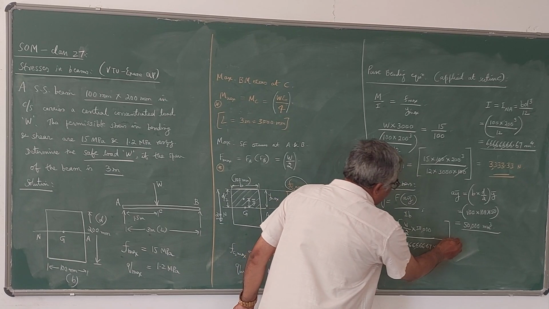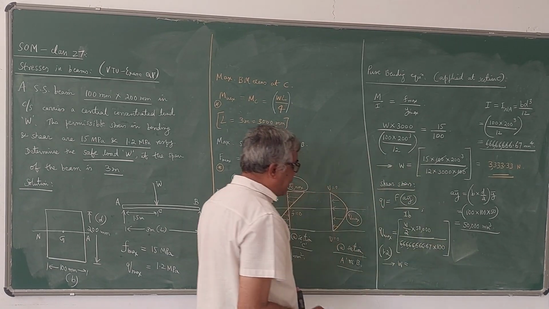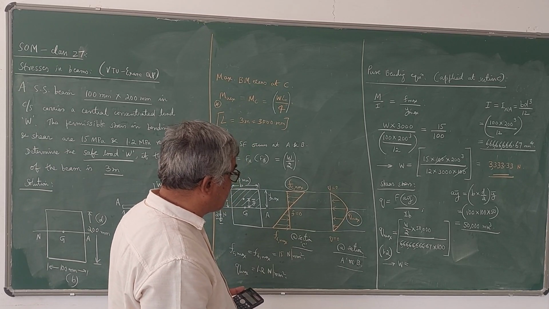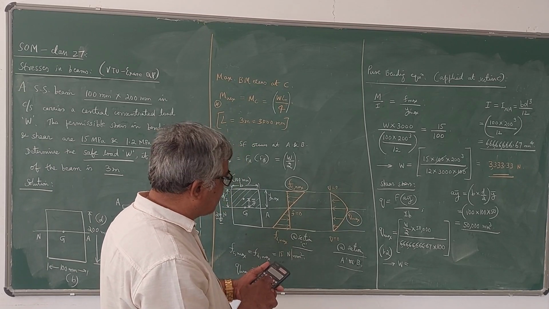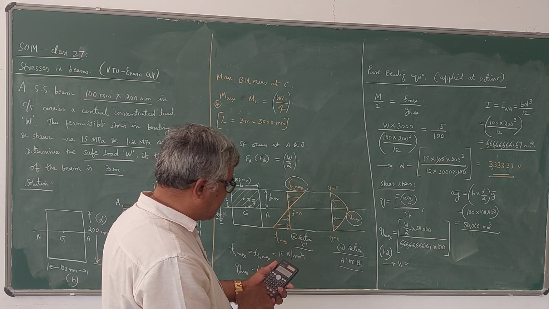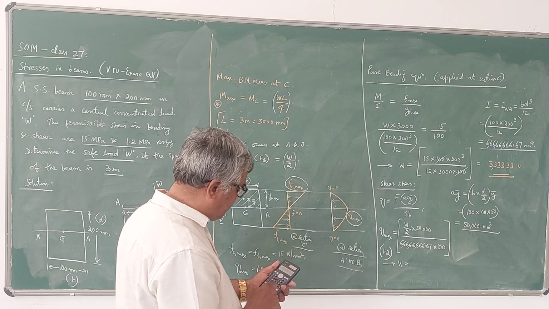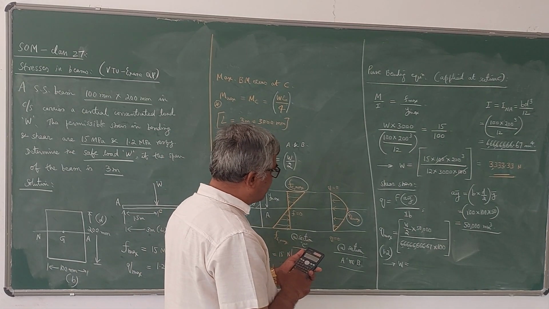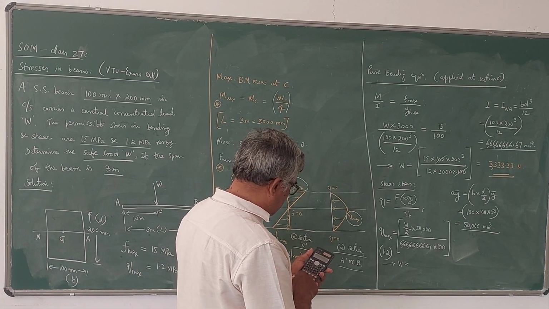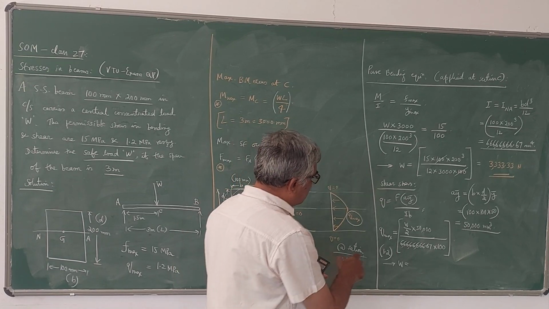Now from this we can get another value of W. Let us try to simplify this. So W will be 66.67 I value into 100 into 1.2 into 2.